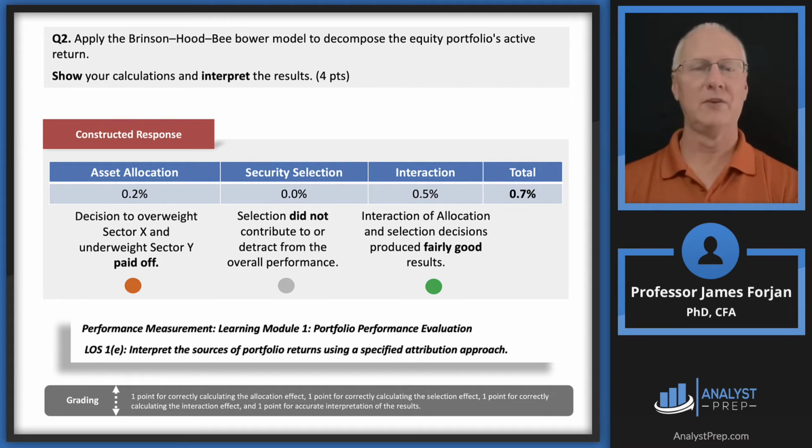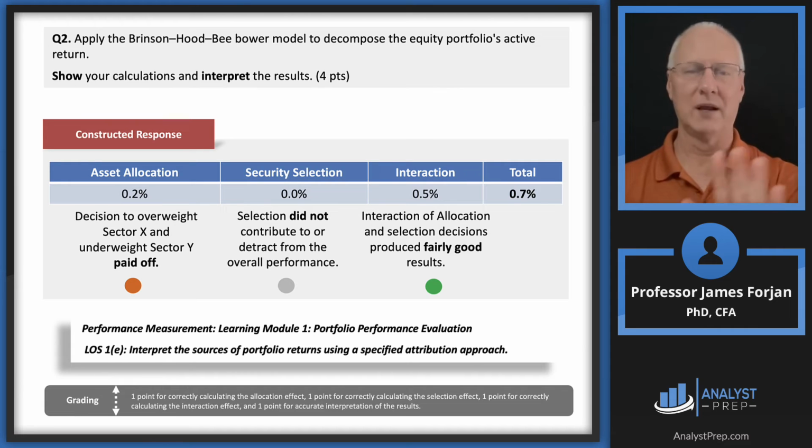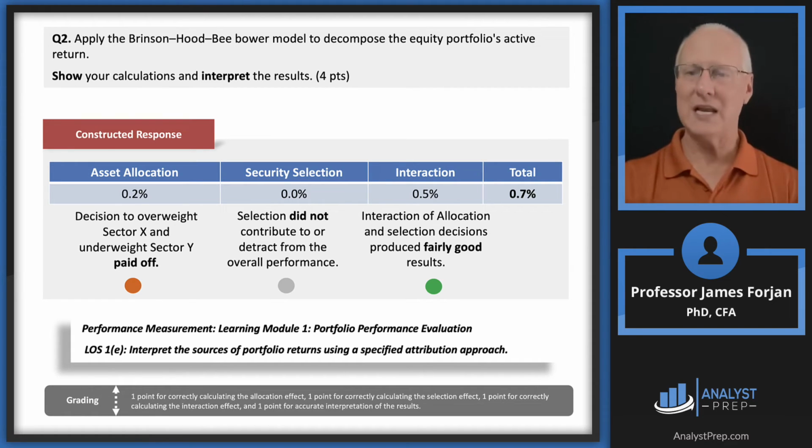Don't put that down there. But these are the kind of academic things that pop into my brain. Just say, you know what, nothing was helpful or hurtful from that security selection. But then the interaction, the fact that these two things compound, and we don't put the word compound in here as part of our interpretation or justification. And so there we go. So 2 plus 0 plus 5 gives me 7.